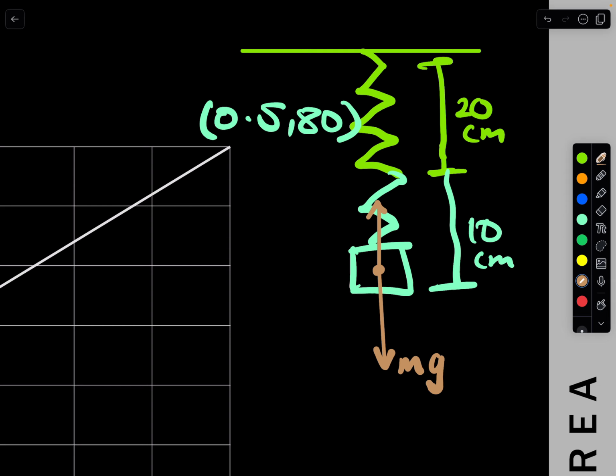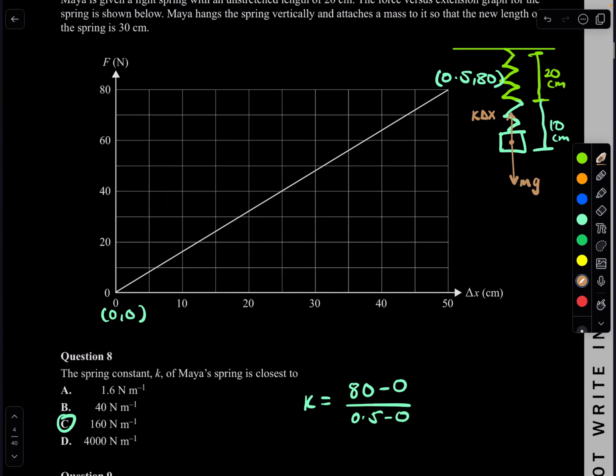And that's equal to k times change in x. These values are going to be equal because remember, these two forces are going to be added together and they're going to be equal to 0 because there's no net force. It's not moving. So these values should be equal to each other.